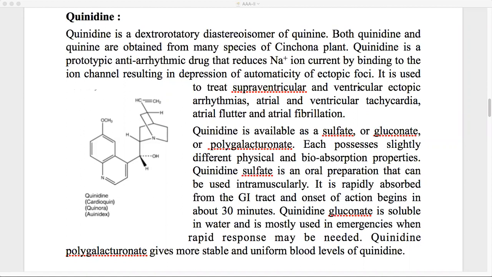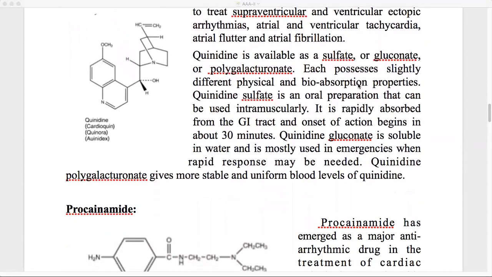Quinidine is used to treat supraventricular and ventricular ectopic arrhythmias, atrial and ventricular tachycardia, atrial flutter, and atrial fibrillation. It is available in sulfate, gluconate, and polygalacturonate forms, each possessing slightly different physical and bioabsorption properties.